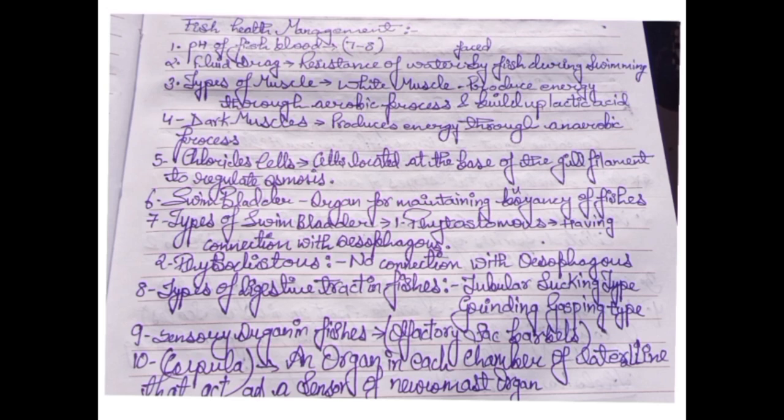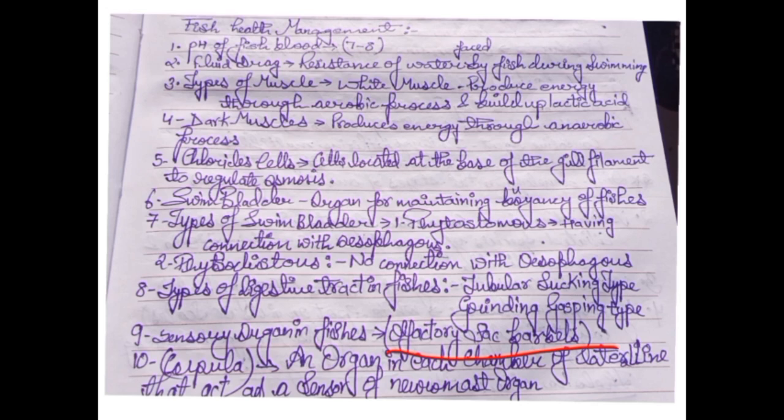Okay, then sensory organs in the fishes. Sensory organs are generally olfactory sacs and barbels. The barbels have sensory organs and provide the sense for searching for food. Whenever the fish searches for food, the barbel gives the sense that food is next to it, and then the fish can take the food.